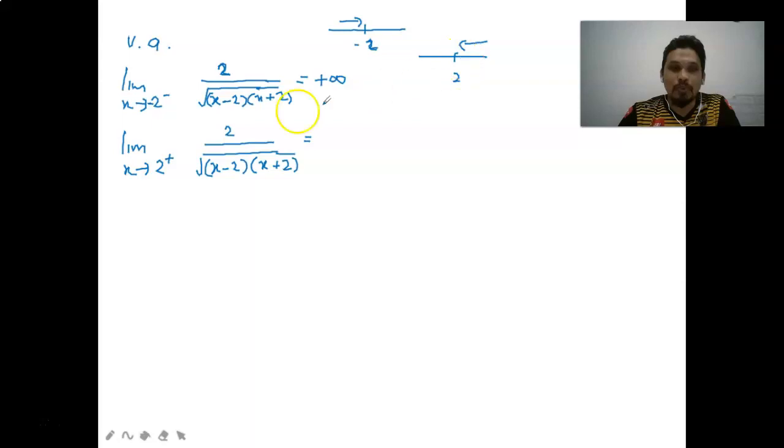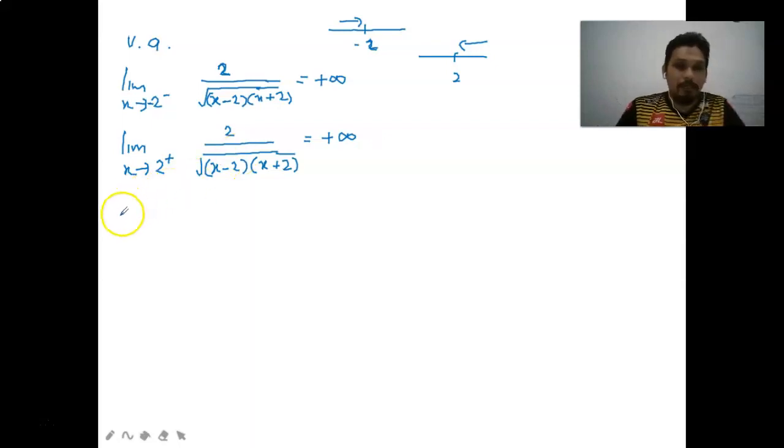I choose 2.1. 2.1 minus 2 equals 0.1, positive. 2.1 plus 2 equals 4 point something, also positive. Positive multiplied by positive is positive. The square root of a positive is still positive. Then 2 divided by a small positive equals positive infinity.